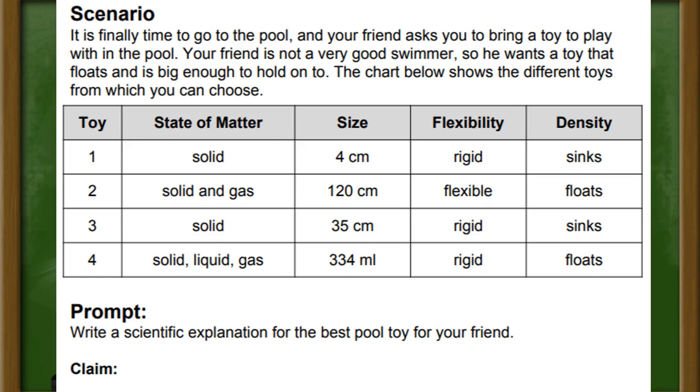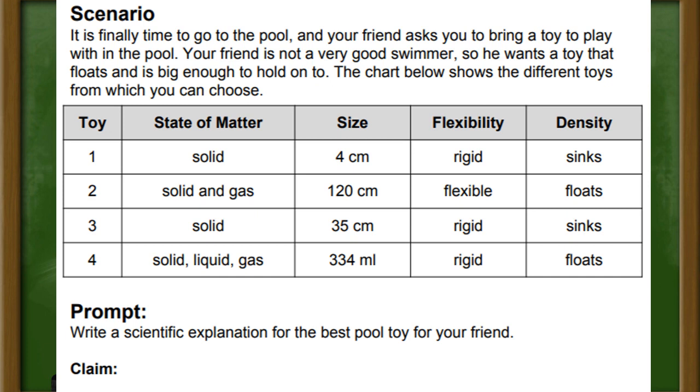There are different toys, as we can see in the chart, 4 different ones. One is a solid and gas, one is a solid, and one is a solid, liquid, and gas. There are also different properties of each item, along with the state of matter, including its size, flexibility, and density, that can maybe help us make our decision.